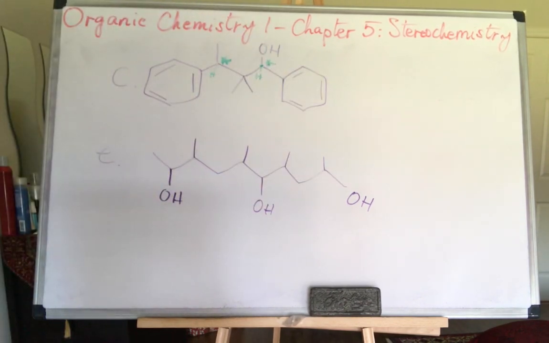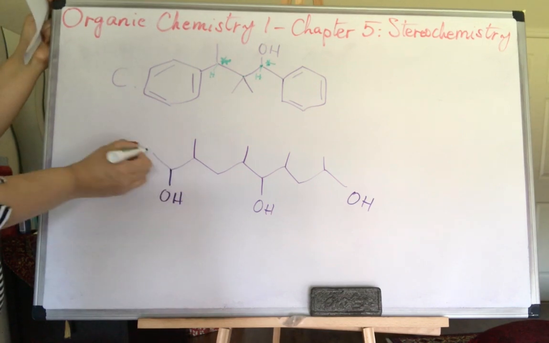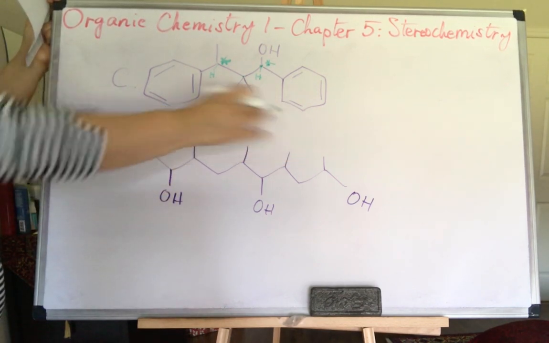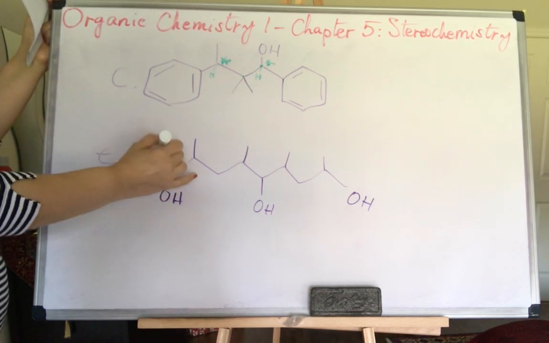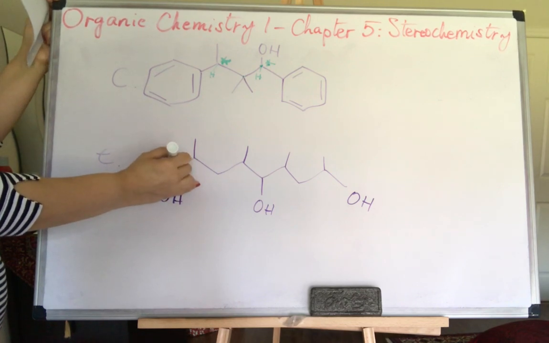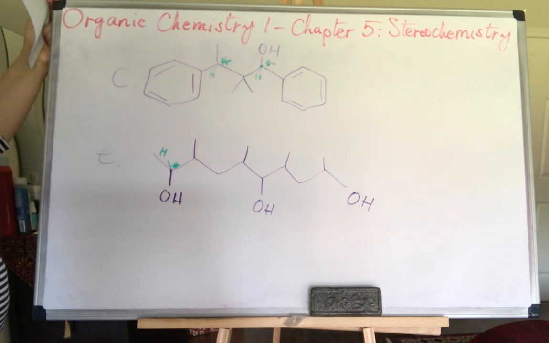Okay, let's determine the stereogenic centers. This carbon is connected to a CH3, this side of the molecule, OH, and the 4th one is a hydrogen. So this is the first stereogenic center.